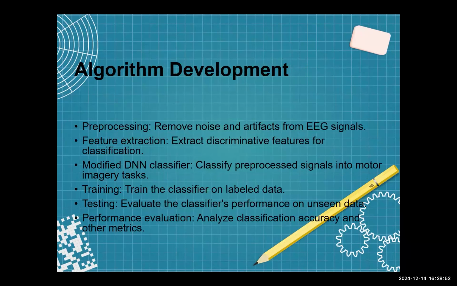So in that, we need to use pre-processing algorithms which can remove noise and artifacts from EEG signals. We use feature extraction techniques which can extract discriminative features for classification. We use the modified DNN classifier to classify pre-processed signals into motor imagery tasks.